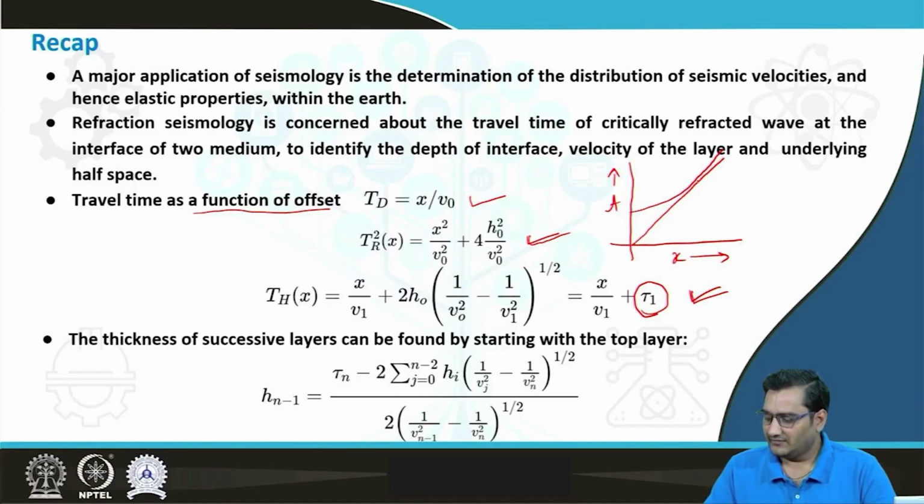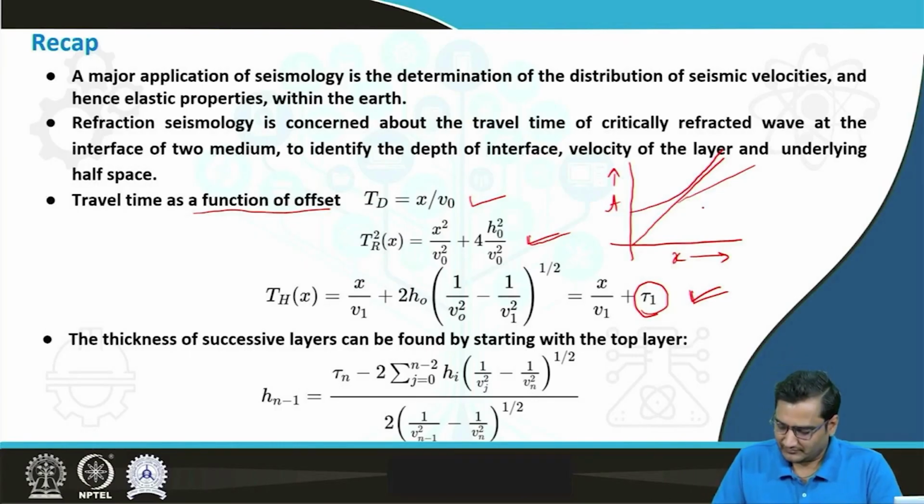Then we have the head wave, which has a shallower slope than the direct wave, because the velocity in the lower layer is higher than the velocity in the top layer for the direct wave. If you extend this head wave onto the y-axis, wherever it intersects represents the intercept time, tau or tau1.